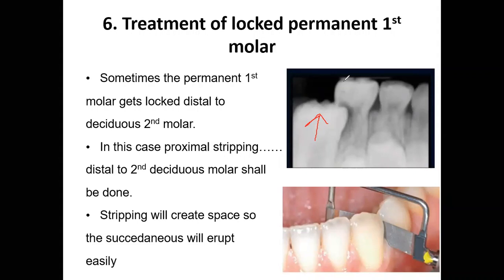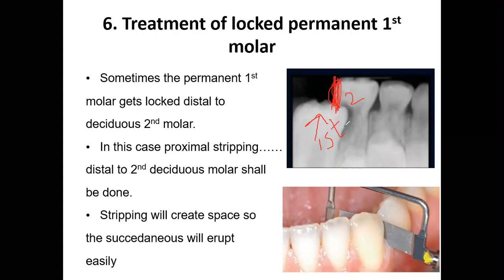Where it is locked, the distal surface of this deciduous tooth is actually not permitting it to erupt well into the oral cavity. So what we do is, after the proper examination, after the radiographic examination, we come to the conclusion that this distal surface of the second deciduous molar is not permitting this first permanent molar to erupt. So what am I supposed to do? I will do some slicing, some stripping.